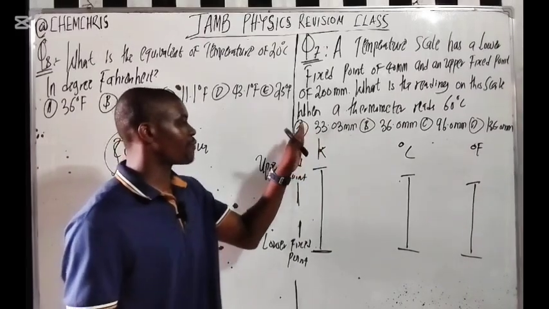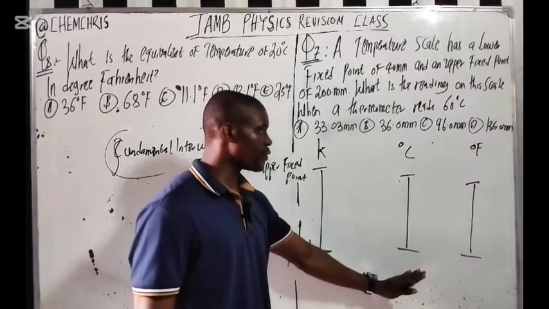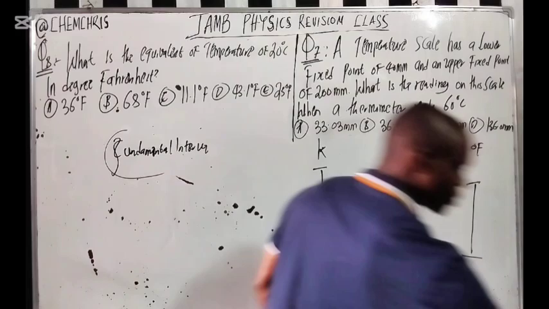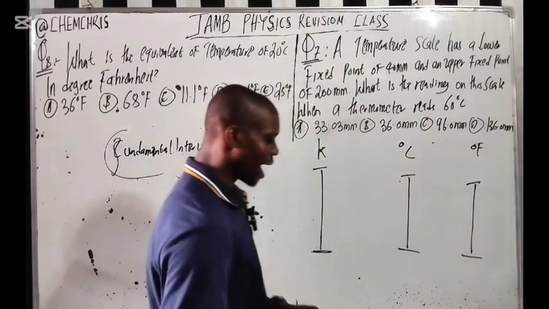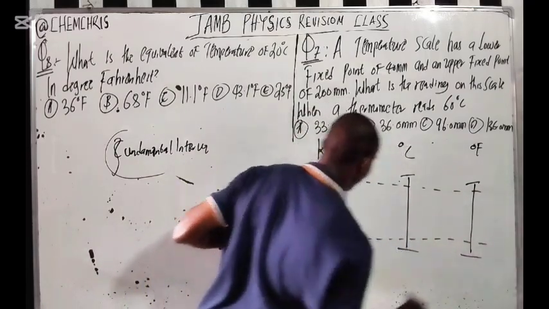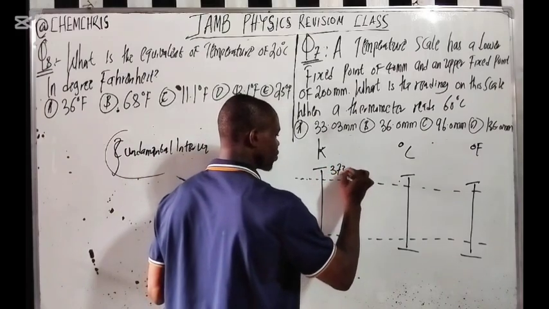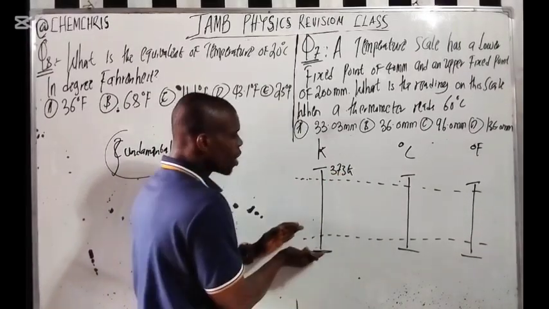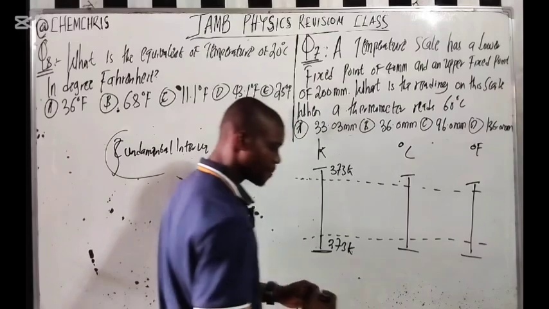So let's look at the upper fixed point and lower fixed point of the Kelvin scale, the degree centigrade scale, and the Fahrenheit scale. The upper fixed point of the Kelvin scale is 373 Kelvin, while the lower fixed point is 273 Kelvin.